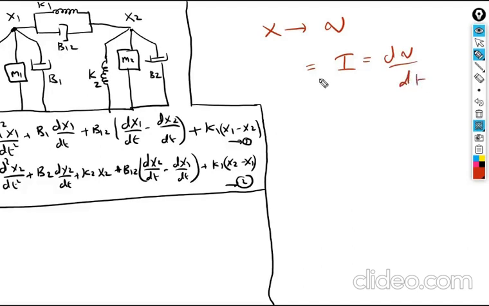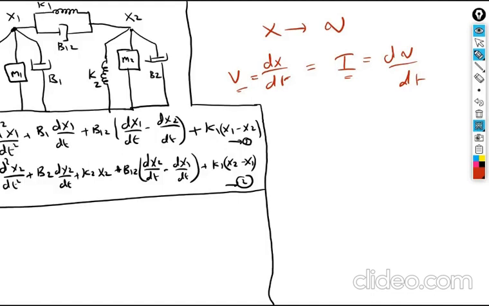Hence I can write dx by dt, which is also equal to velocity. If it is in velocity, I can write the expression directly in terms of current I. If we have x, I would have to write d square q by dt square. If instead it is in terms of displacement velocity, I can directly write di by dt like this.